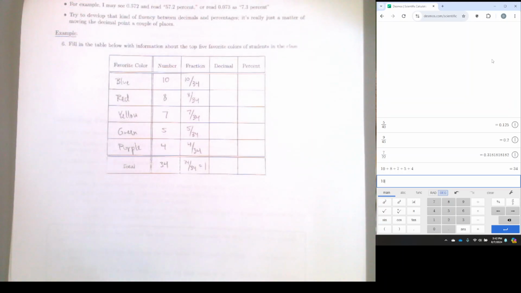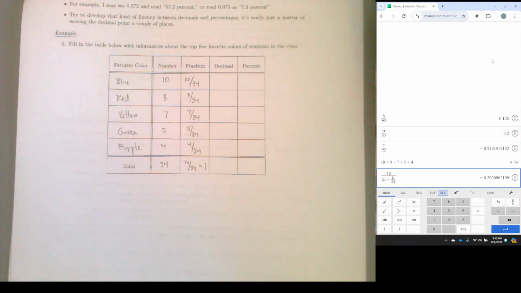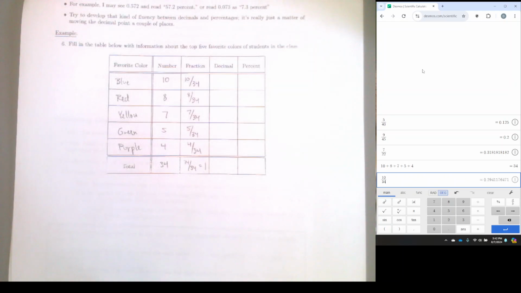So if I do 10 out of 34, now if I say plus 8 out of 34, notice that it's putting the 8 out of 34 in the denominator of my first fraction, which is not what I want it to do. So I'm going to backspace, delete those numbers.